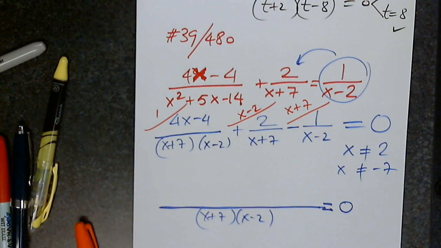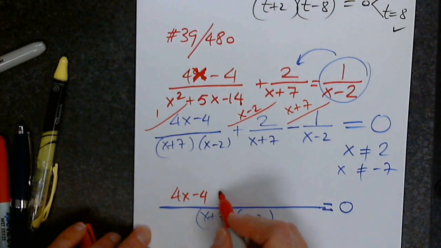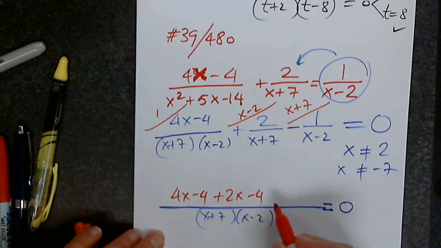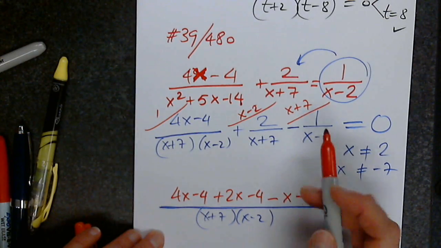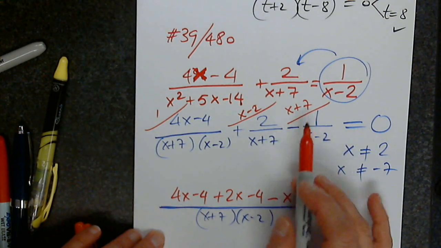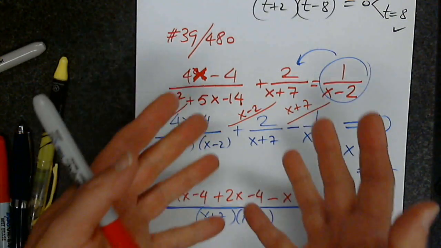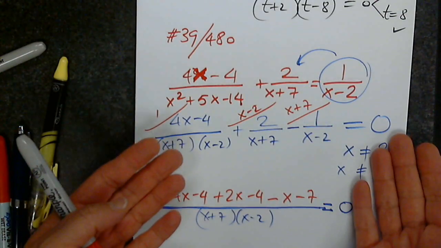Good. So now what do we have at the top? 4x minus 4. 2x minus 4. And negative x minus 7, because it's negative 1 times x and negative 1 times 7. Very good. What will be the next step? So nothing is new here. The only thing that is new is that I moved the term and I have 0 on the other side.